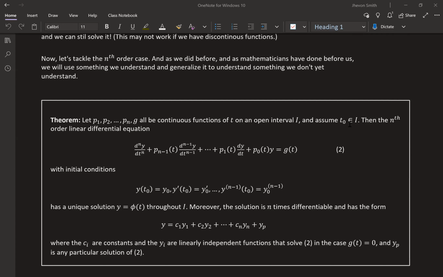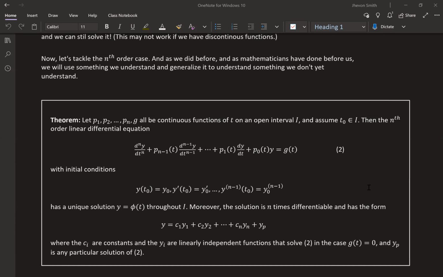We're also guaranteed that that solution will be n times differentiable. We're also guaranteed that we can choose values of the arbitrary constants that will get that solution to match up with any arbitrary set of initial conditions we are given. We have a lot of guarantees.